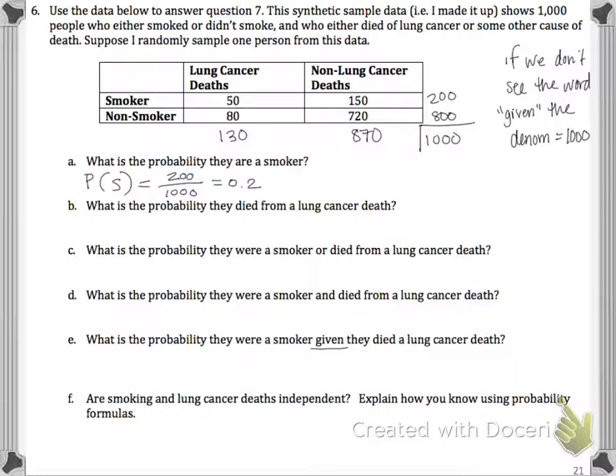Part B says, what is the probability they died from lung cancer? So this, really morbid, says lung cancer. And we're looking for everyone who died from lung cancer. So we go to the bottom of the total column of people who died from lung cancer, and that's 130 out of 1,000.